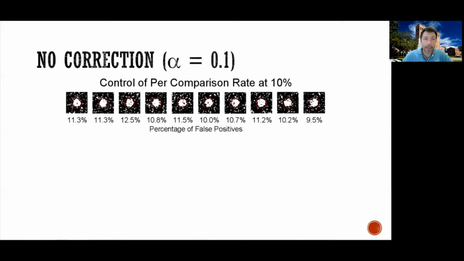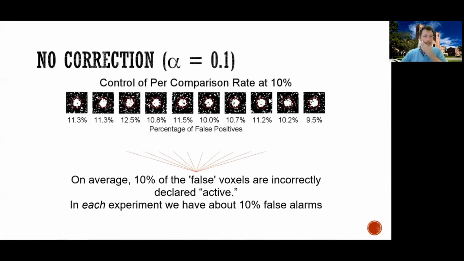Every time we're getting somewhere around 10% false positives. But overall, we certainly are getting most of the signal. It's just we're also getting all this stuff out here. So on average, 10% of false voxels are incorrectly declared active at each individual experiment.